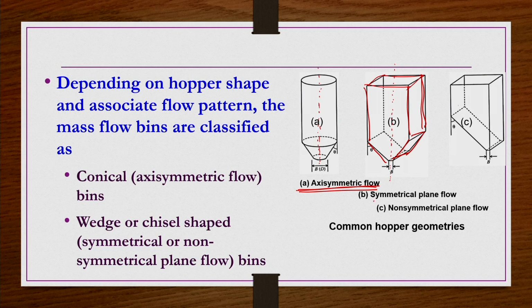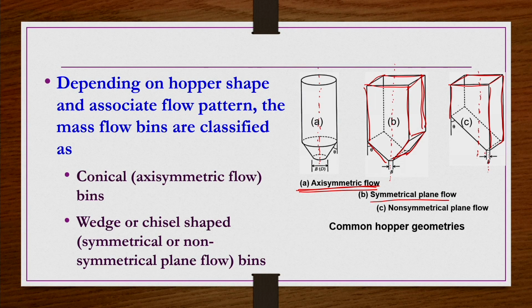So, that is the reason they are known as symmetrical plane flow. But you may have other designs, right, not a regular shape, something like this as shown here in picture C, where you are not expected to have the center line of the opening and the center line of this container aligning to the same line.